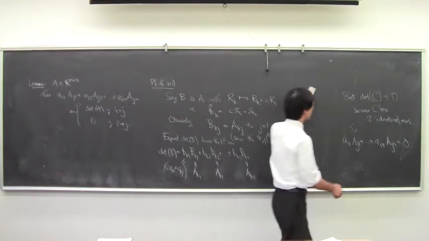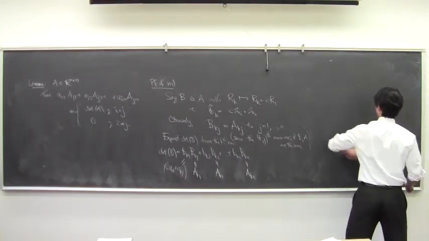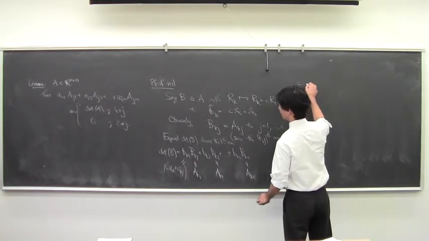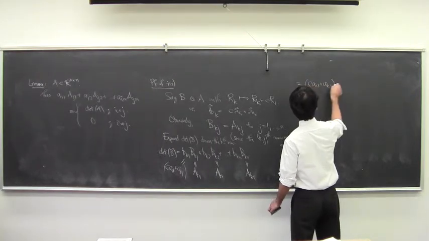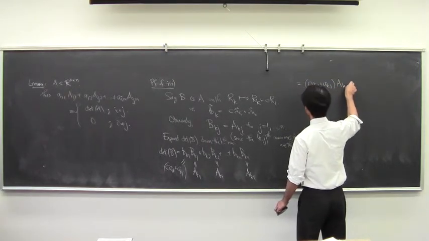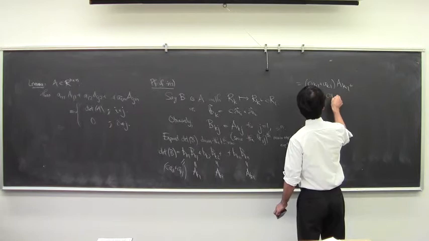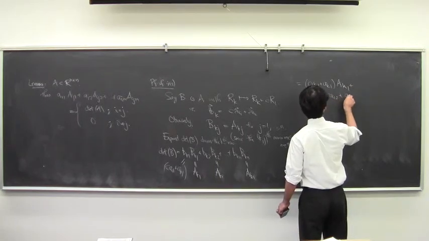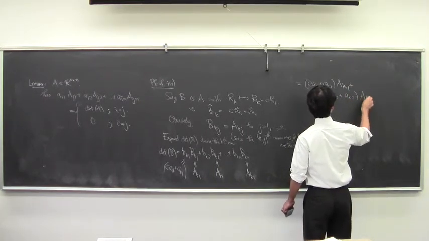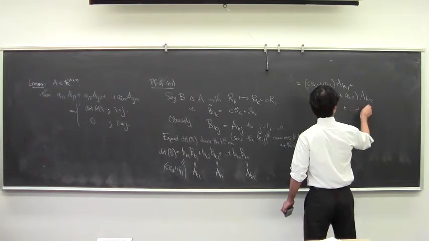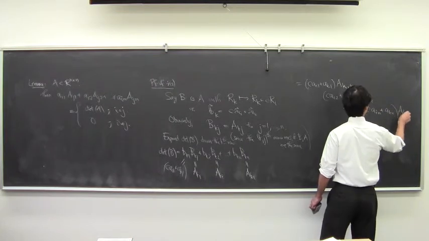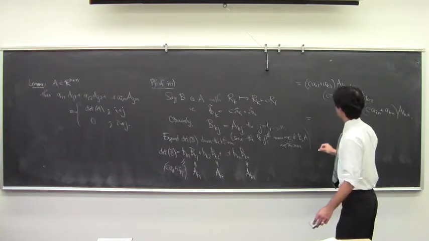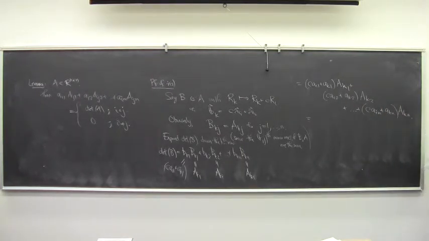So you end up with CAi1 plus Ak1, CAi2 plus Ak2, and CAin plus Akn, capital Akn. Maybe you guys see the joke at this point. Maybe you see the punchline right now.